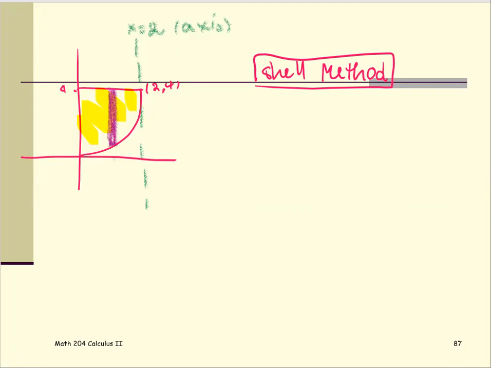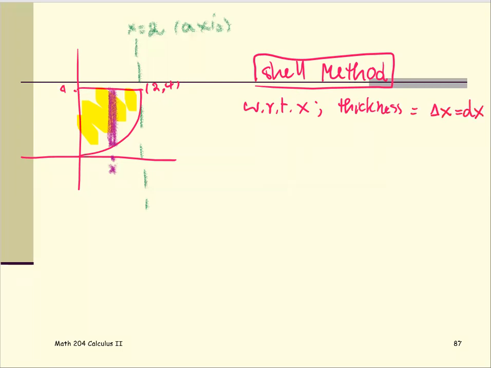This bar, the position x, as you see, is laying down on the x-axis here. So we have the problem with respect to x. If we use the shell technique, that means the thickness or the change of the position is going to be with respect to x, or delta x, which is the same as dx.